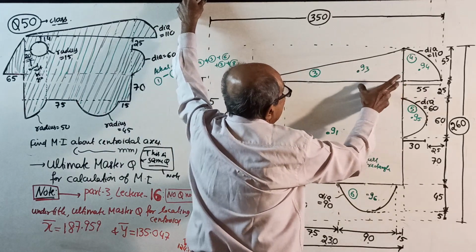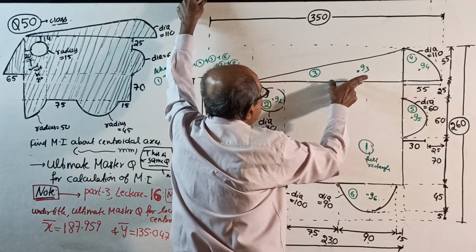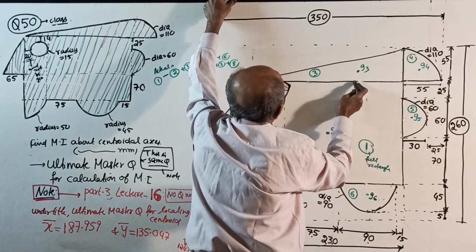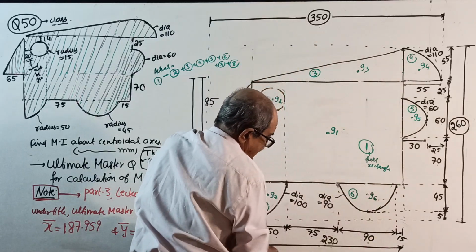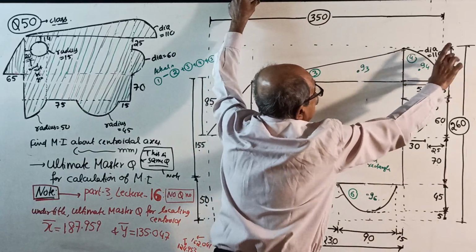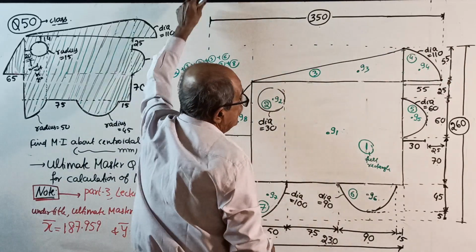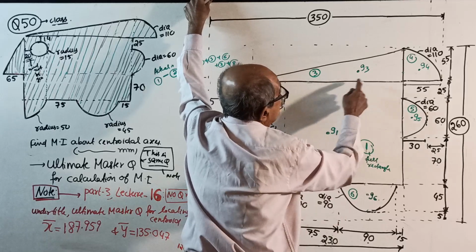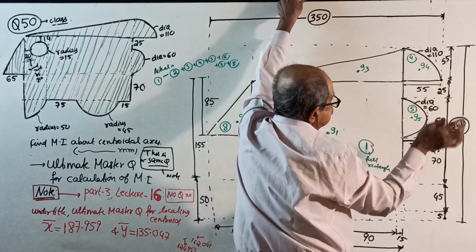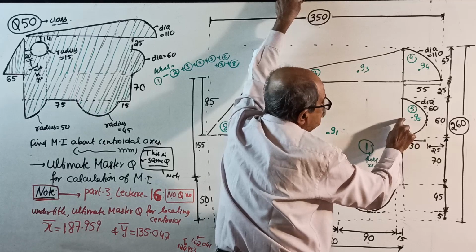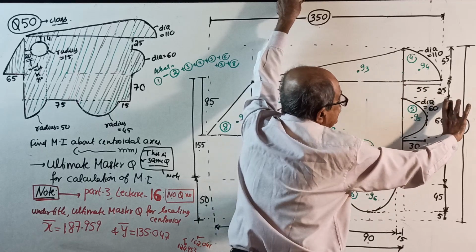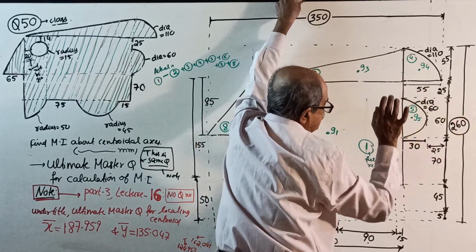For triangle, see, 1 by 3, 2 by 3. 1 by 3 or 2 by 3 of how much? 230. 1 by 3 and 2 by 3 of 55. 3. There is a 3 over. 4. 2d by 3 pi, 2d by 3 pi. 5. This way 2d by 3 pi, but this way exactly center. 60 means half of 60.